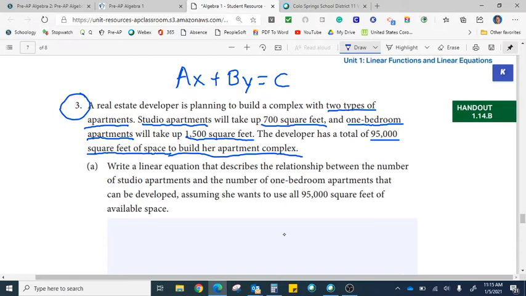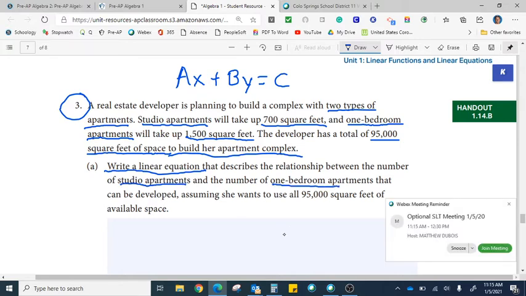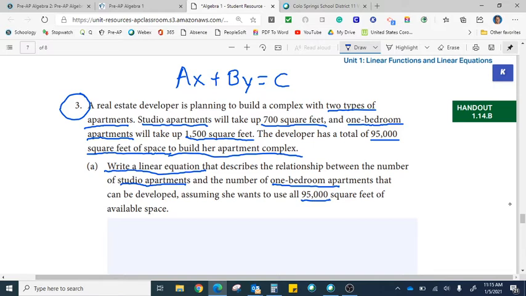All right, so once again, we read. Make sure that you read carefully. What's the question asking for? It says to write a linear equation that describes the relationship between the number of studio apartments and 1-bedroom apartments that can be developed, assuming she wants to use all 95,000 square feet of available space.